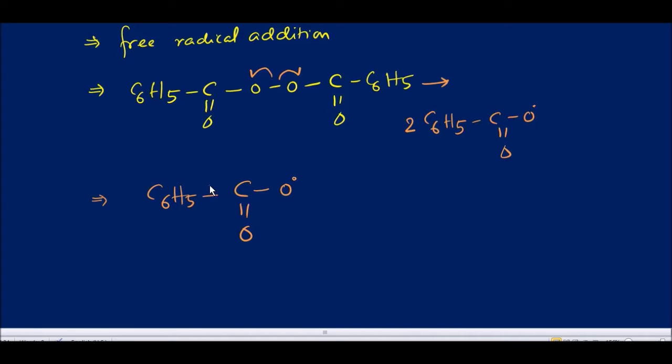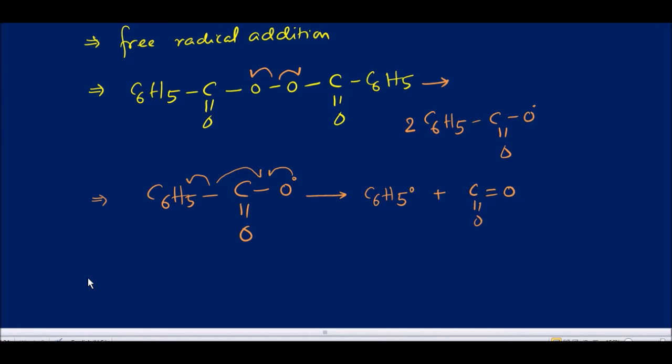This bond is homolytically cleaved. So the ring is getting one electron and the other electron is used by this carbon atom for bond formation. It indicates that there will be a double bond between the carbon and oxygen. Due to that, you can have C6H5 radical plus carbon dioxide gas.